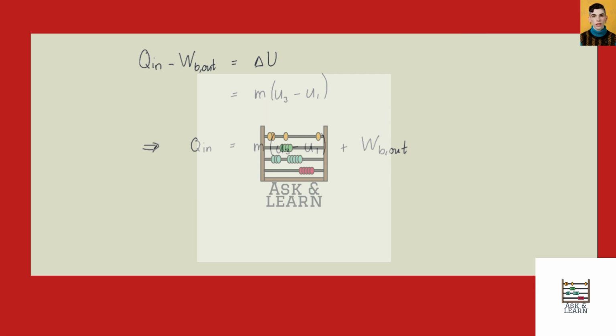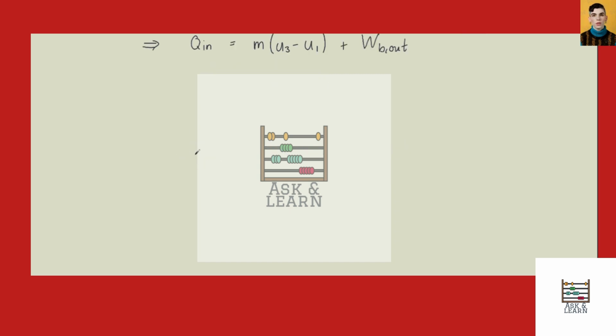So the first thing we need to do in order to find the heat transfer into the system is calculate the boundary work. But before that, we need to find the initial and final volumes and the final temperatures.